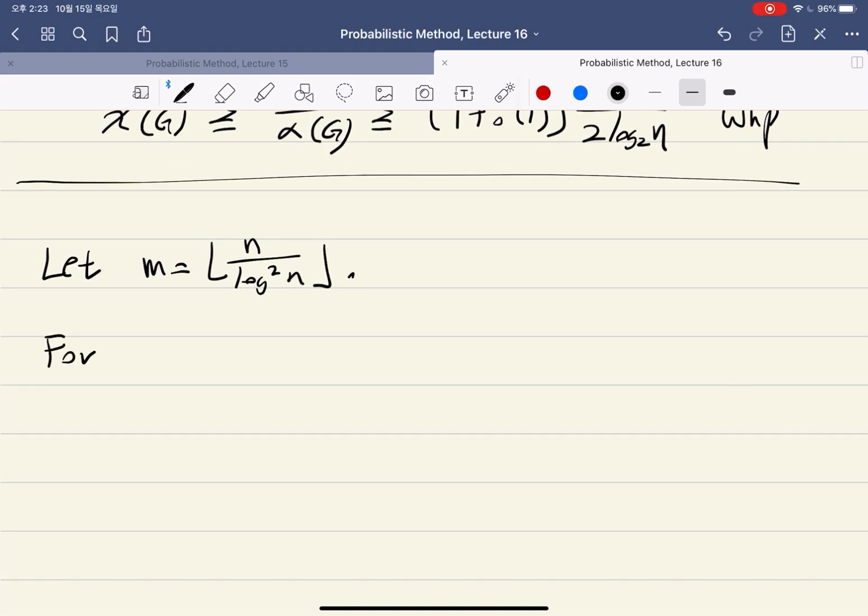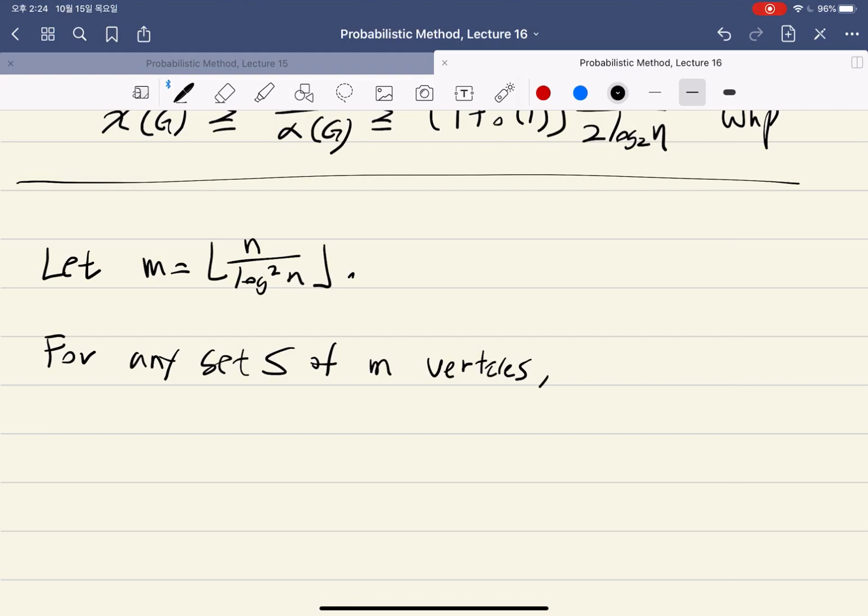And we want to show that for any set S of m vertices, we want to be able to find an independent set inside of S, which has almost optimal size.